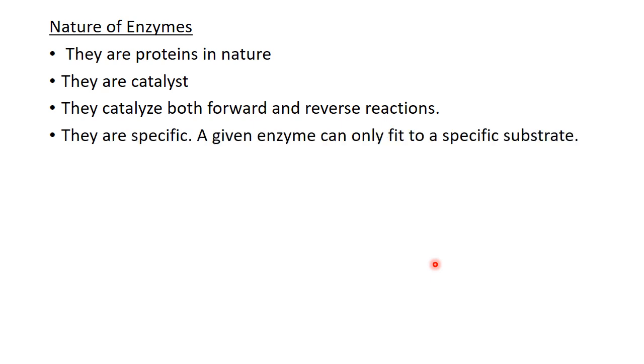Fourth, they are specific. A given enzyme can only fit a specific substrate. From the lock and key mechanism, you saw that the active site of an enzyme is matched to the shape of the substrate. Therefore, a given enzyme can only work on a given substrate. It doesn't mean that one enzyme can work on different substrates. No, it only works on a specific substrate.